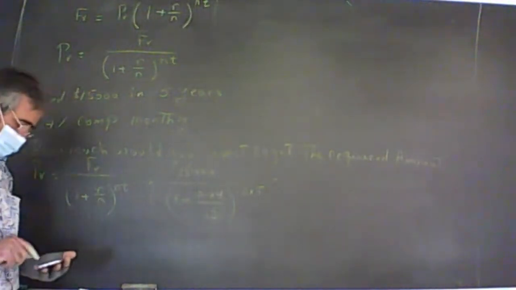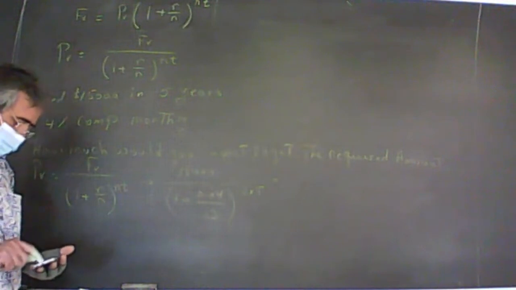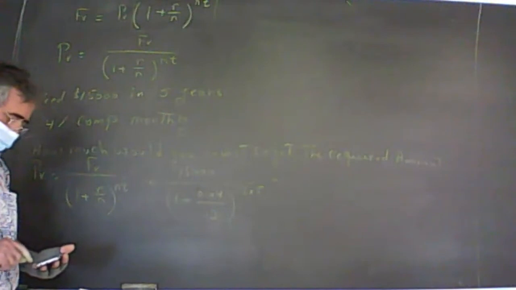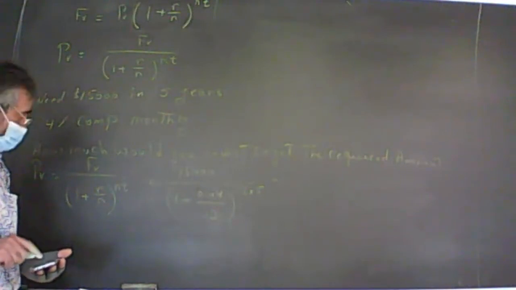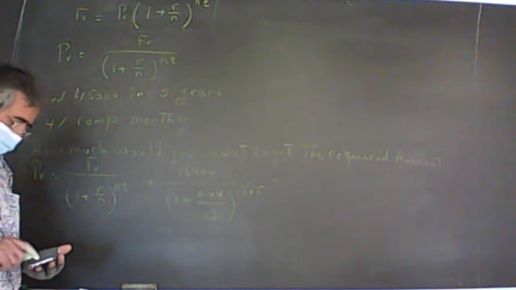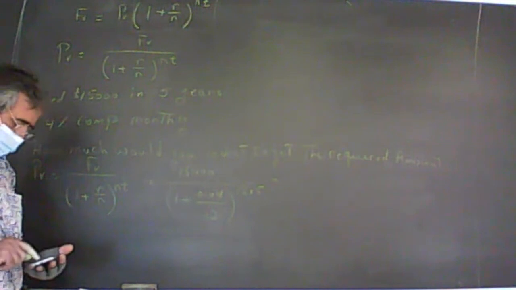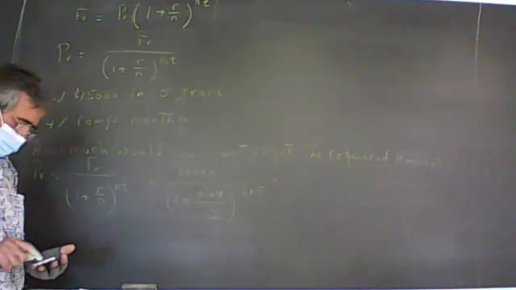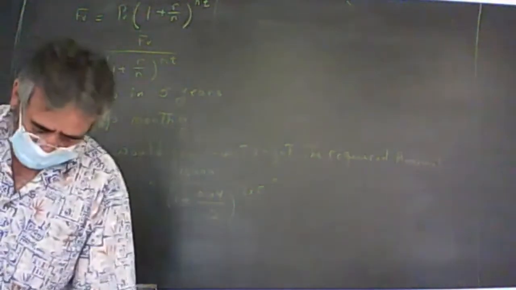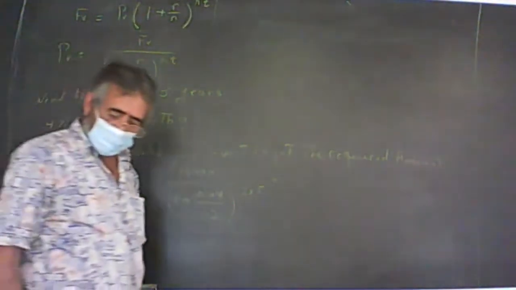So we have 15,000 divided by 1 plus 0.04 over 12, to the power 60. That should give me $12,285.05.